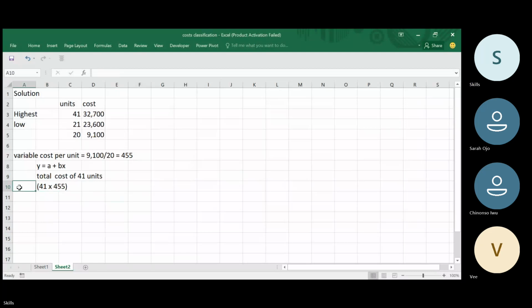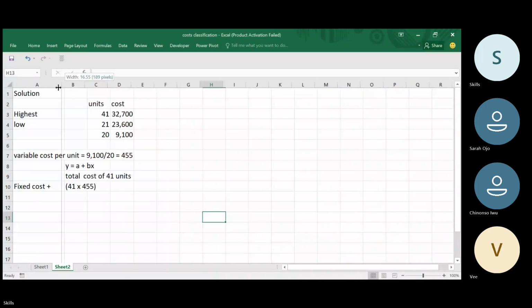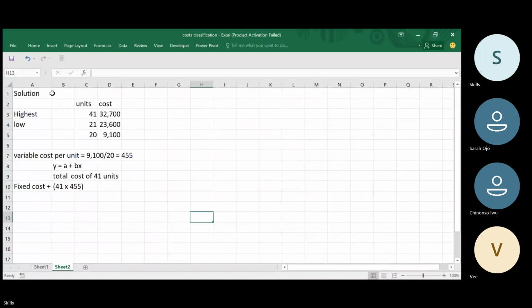So now our fixed cost plus that is equal to the total cost of 32,700.